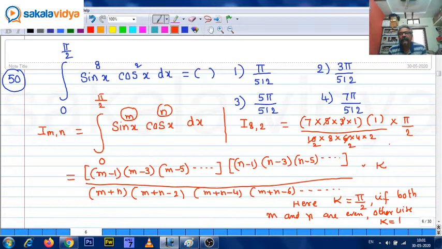That means you will be getting 7 pi upon 2 into 2 is 4, 4 into 4 is 16, 32, 32 into 16, 16 2 ja 32, 48 on 5 12, so 512. That means the fourth option is the right option. 7 pi by 512. Right.